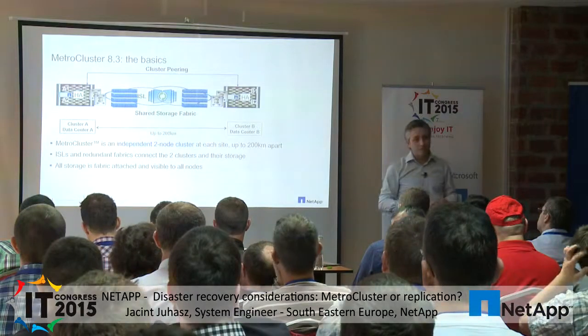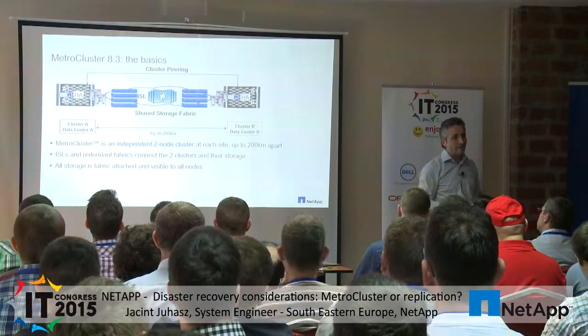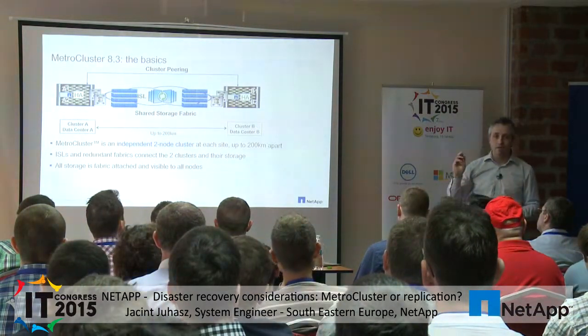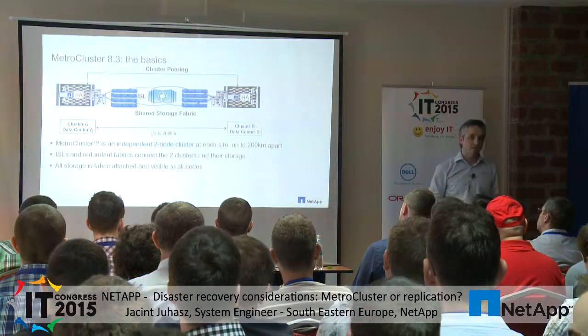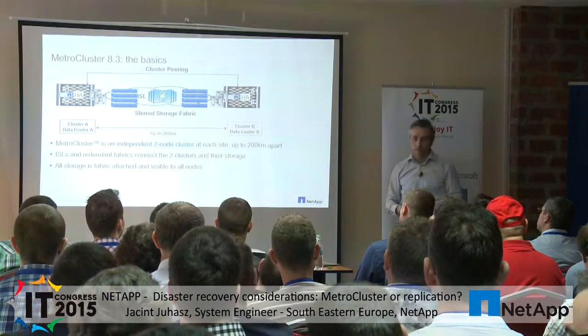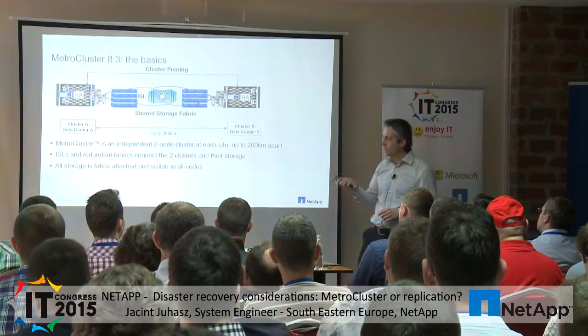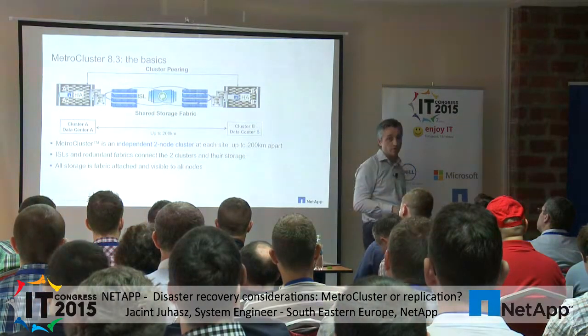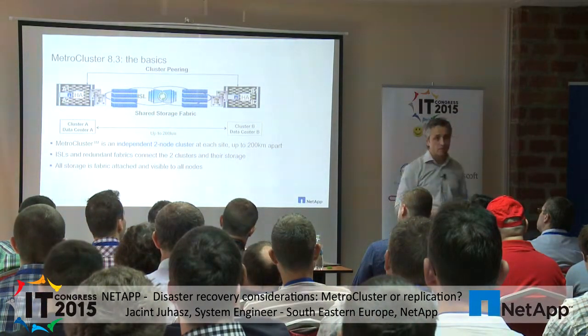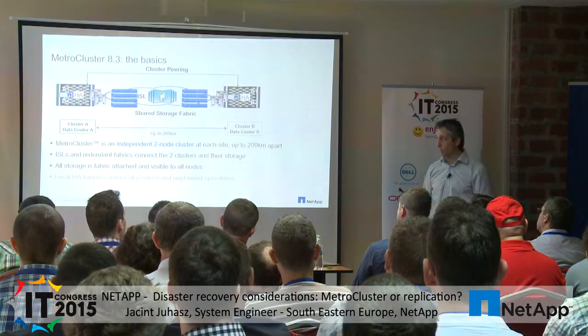The reason we take this 200 kilometers very seriously is that this ISL is going to be your storage backend. Think of that: you write every single piece of data, and every single piece of data will travel on these 200 kilometers back and forth. So it's very important that you have a good infrastructure behind it when you plan your MetroCluster.